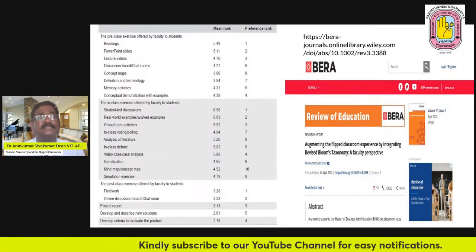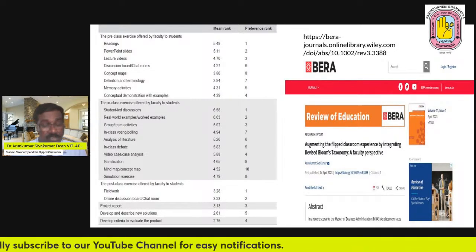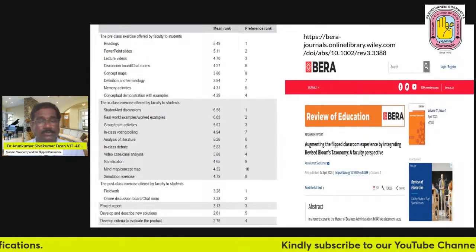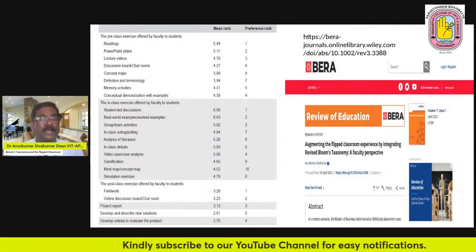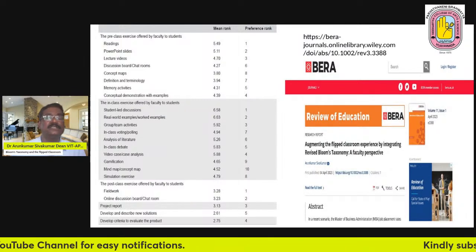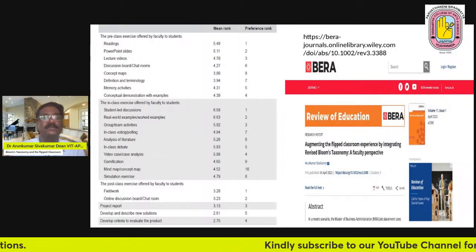In the in-class exercise, student-led discussion, real-world examples. See, when you want to have a real-world example, you should prepare well. That's why I expect you to spend quality time in the library, read newspapers, magazines, journals, research articles, group team activities, in-class voting, polling of the concepts also can be done.